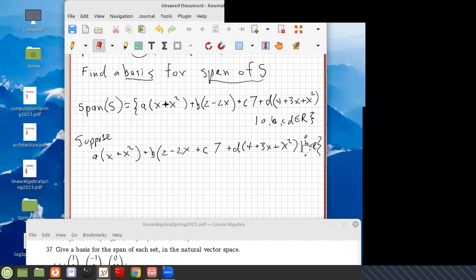Sometimes you go by rote. You want to know when this equals the 0 vector, which is just 0.